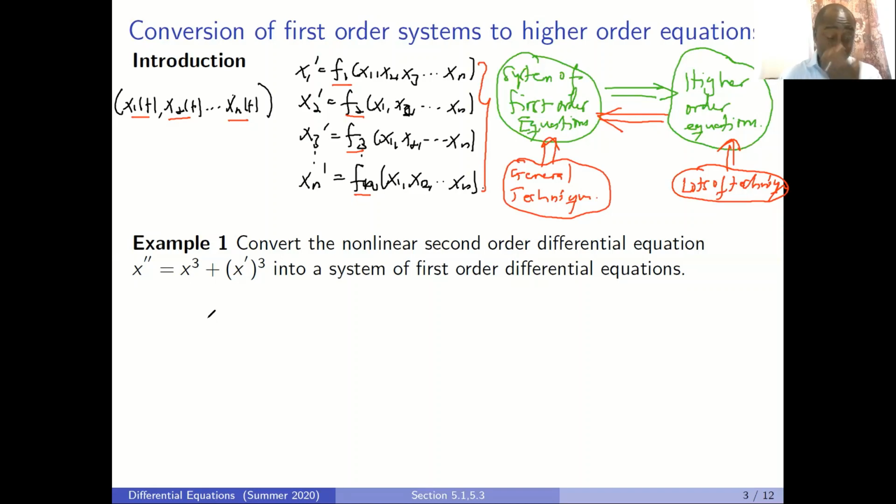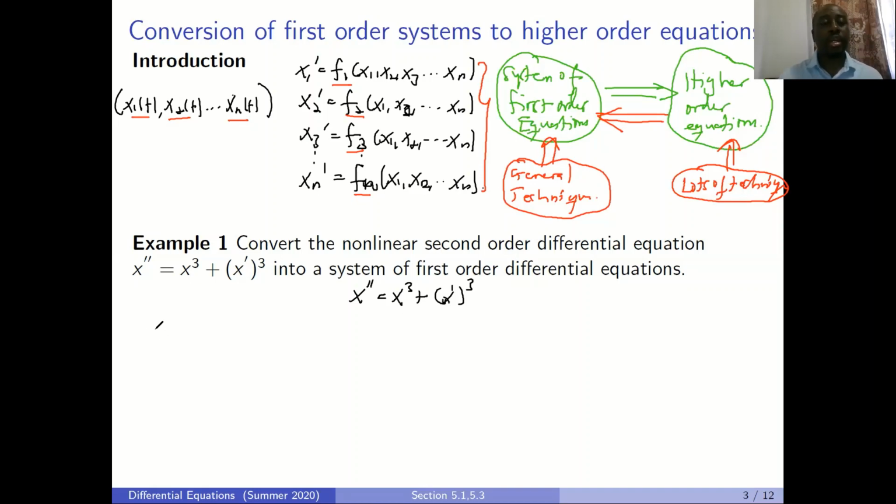Let's take a first example here. We have x prime prime is x cubed plus (x prime) cubed. This is a second order nonlinear differential equation. Now we are going to attempt to convert this to a system of first order differential equations.